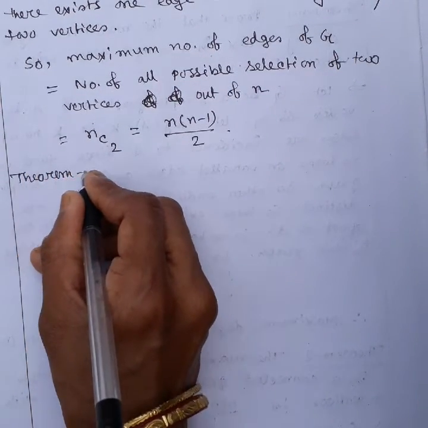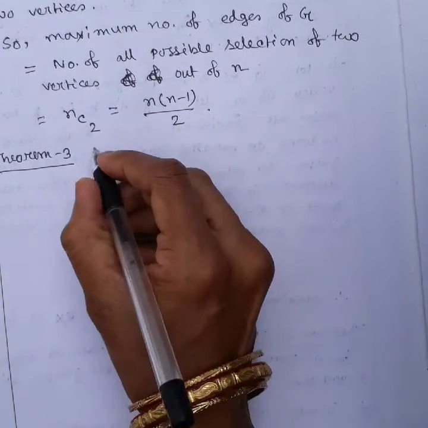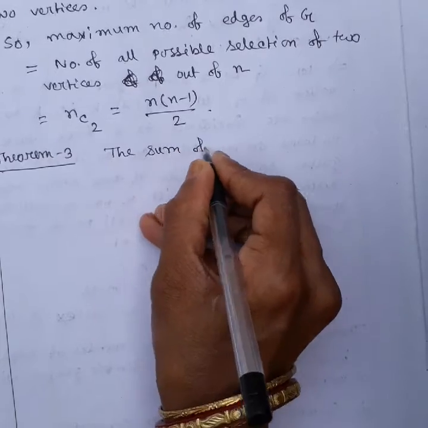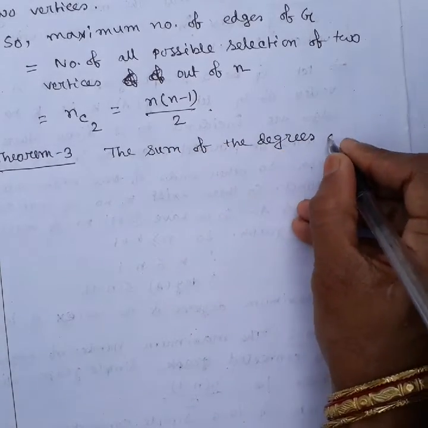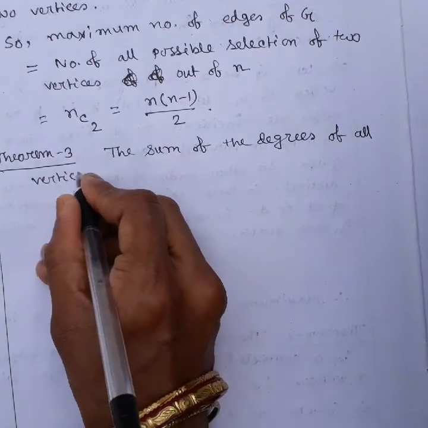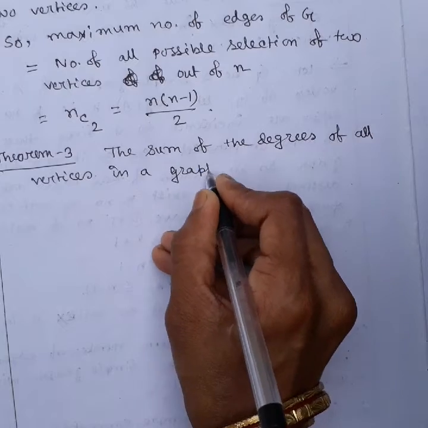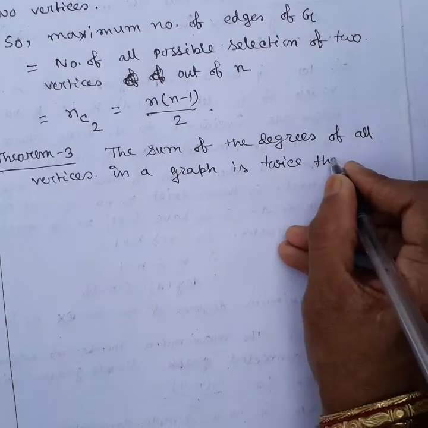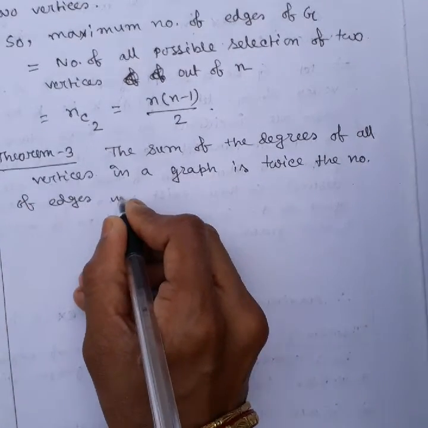Next, theorem 3. The sum of the degrees of all vertices in a graph is twice the number of edges in the graph.